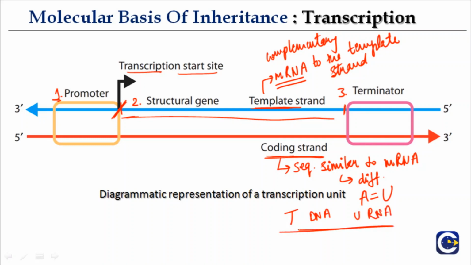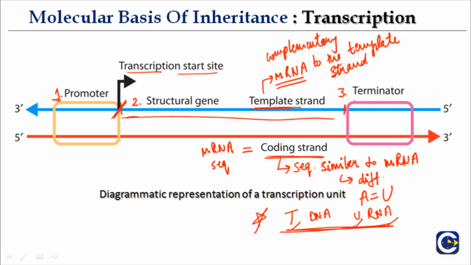Otherwise, the whole sequence will be the same as the coding strand. So the mRNA sequence is exactly like the coding strand, and the template strand acts as the template and has the structure complementary to the mRNA.